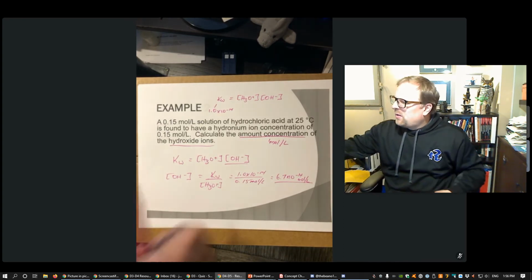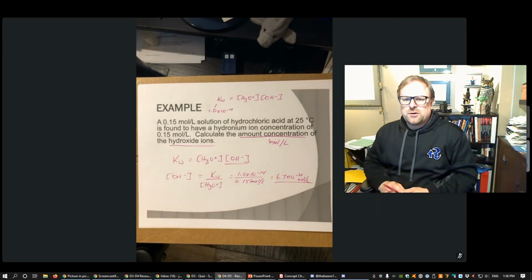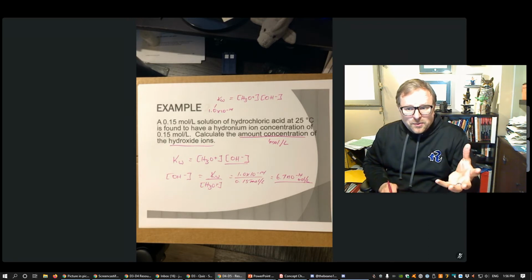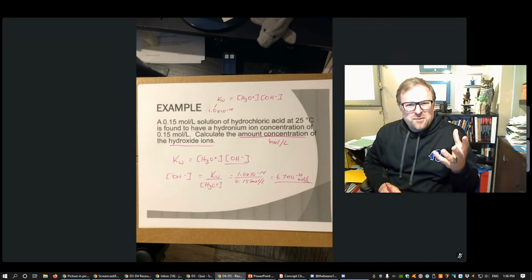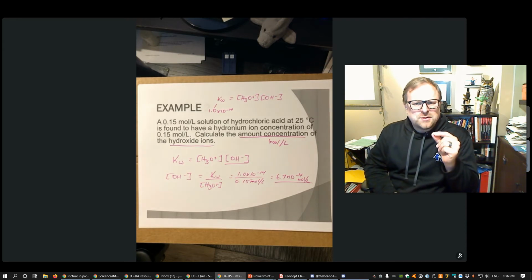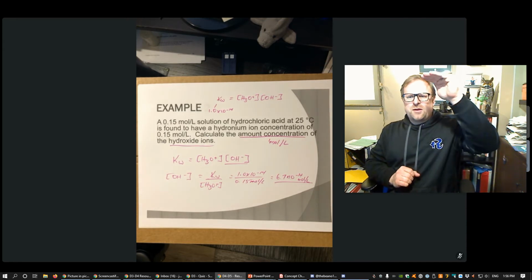If we say that we have a 0.15 mole per liter solution of hydrochloric acid, that means that solution is acidic. But it also means that because there's water in there, and it's a dissolved solution, there are hydroxide ions present, but in very tiny amounts. Because if your pH is high, your pOH is low.